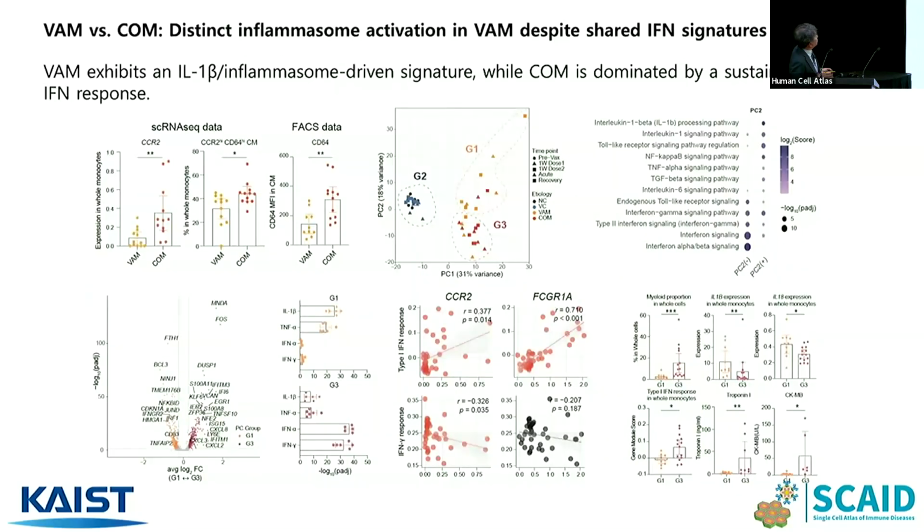So when they compared BAM, vaccine myocarditis, and conventional myocarditis, they found that the vaccine myocarditis BAM exhibits a more inflammasome-driven signature, while COM is dominated by type 1 interferon responses.